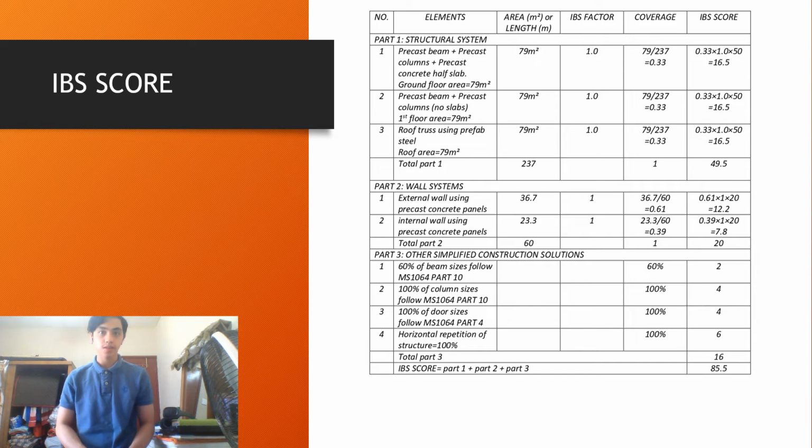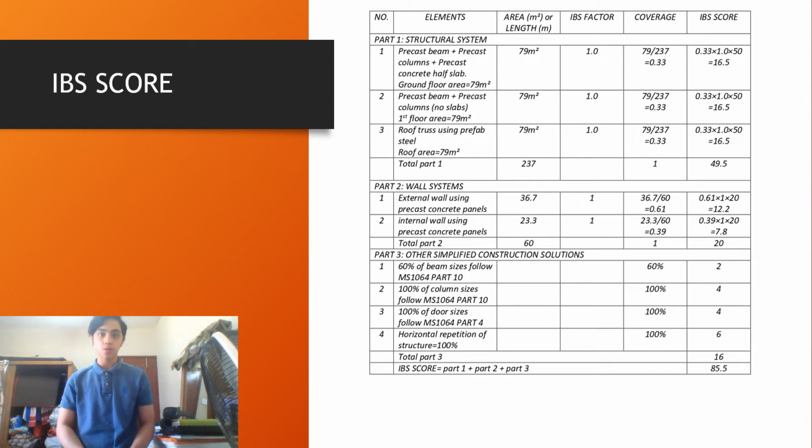For the IBS factor, we use 1.0, and for the coverage you need to use area divided by the total part area, which is 79 divided by 237 equals 0.33. As you can see, the 3 elements have the same area, so you'll get the same coverage as well, which is 0.33. If you add the 3 of them, you'll get 1 for the total coverage.